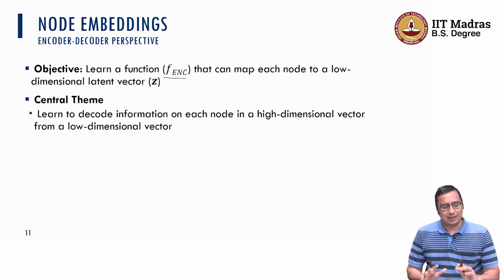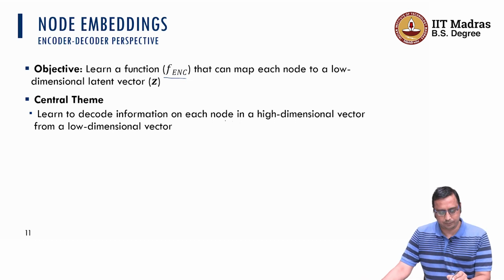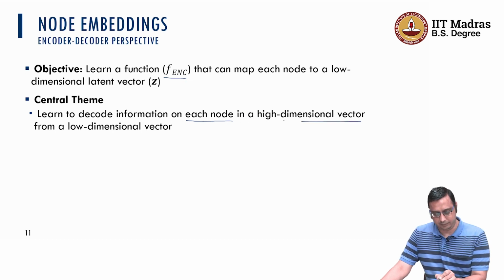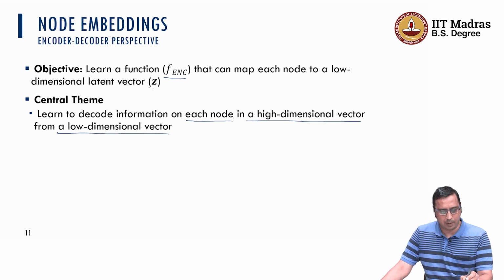Here, the central theme is to learn to decode information on each node, which is in a higher dimensional vector, from a lower dimensional vector. So what we are trying to do is go from this lower dimensional representation to a certain higher dimensional representation of the node.